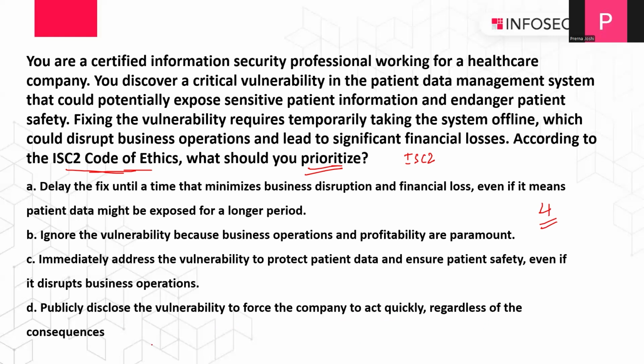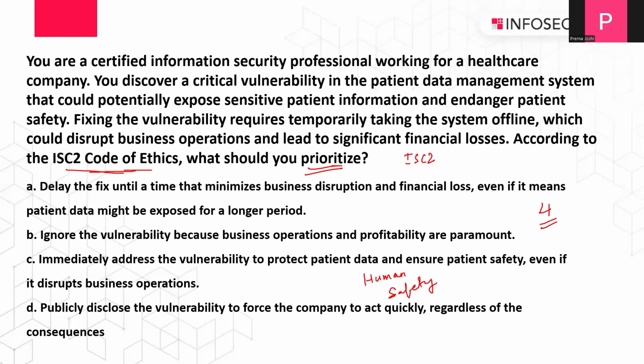Whenever we talk about ISC Square, for the exam perspective, always remember that human safety is something they always prioritize. Whenever you have a conflict between prioritizing human lives or prioritizing the business, choose the safety of humans.